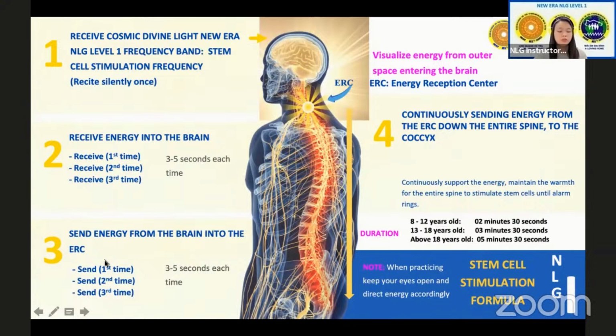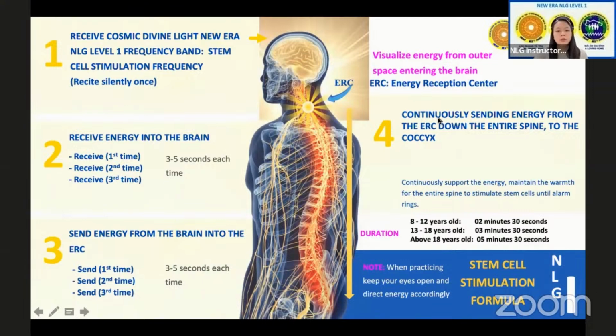For example, in step 3, when you recite send, you visualize energy from space going down to the ERC. Then when you say send second time, then energy from the brain into the ERC, and so on and so forth. Of course, you recite everything silently in your head, and that's why it's easier for you to use your thought to direct the flow of energy.